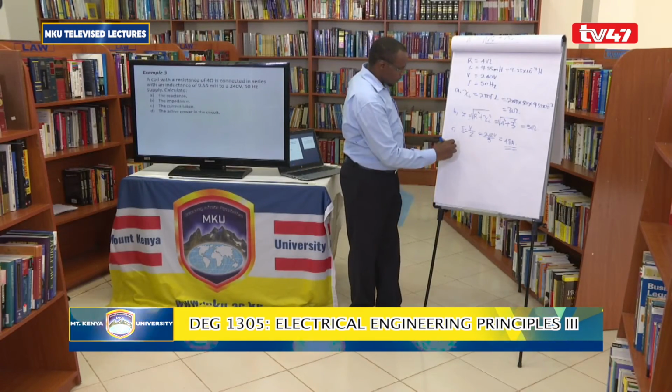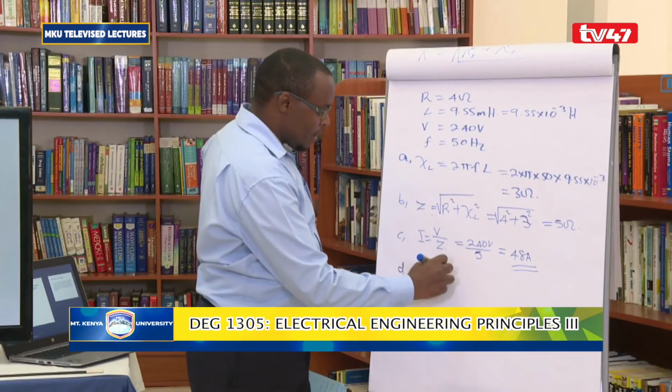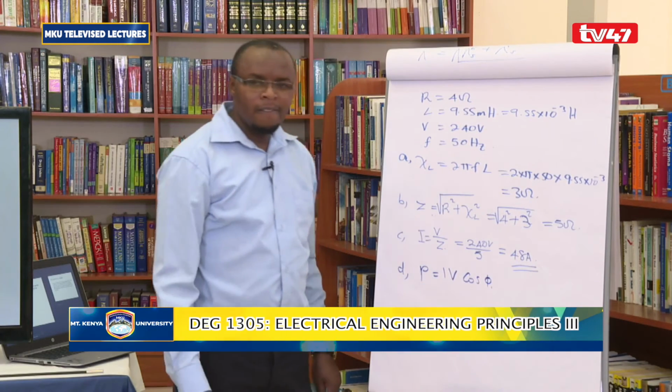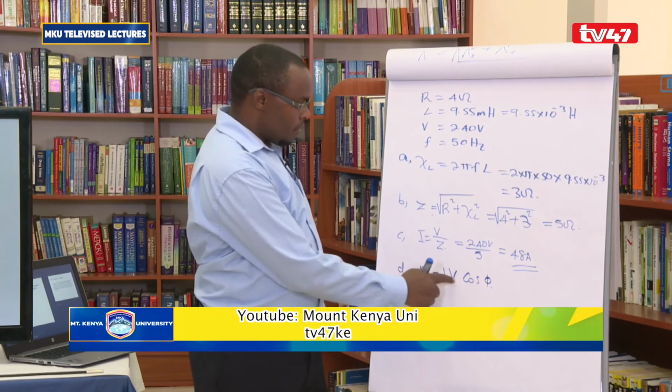And then we have the last part, which is asking you to get the active power in the circuit. Active power, we have said, is calculated by P equals I times V times cos phi. We have the current and the voltage.